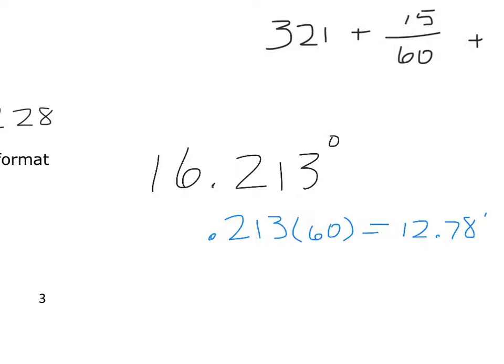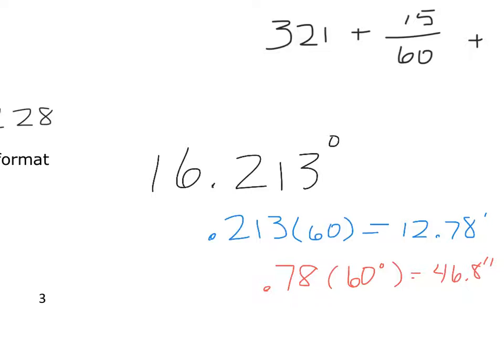12.78 minutes. Now, I'm going to ignore the 12. I'm going to do the 0.78, and I'm going to multiply it by 60. When I multiply it by 60, what do I get? 46.8. And those are seconds. Here is where we round.